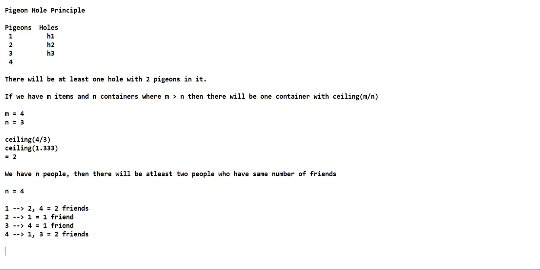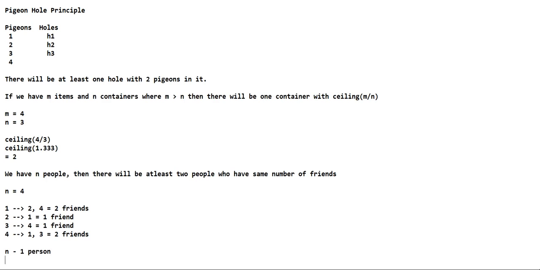So what we have now is, if n is equal to 4, then one person can be friends with a maximum of n minus 1 other people.